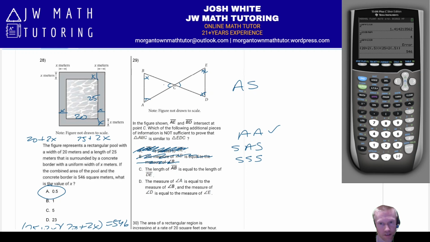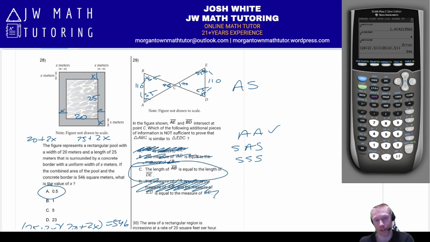Because say that C is like 70 degrees, right? That means you have 110 degrees left to split up between A and B, but also between D and E. If they're each congruent, well, this has to be 55, this has to be 55. Again, this would have to be 55, this would have to be 55. And now we have B and D, or A and E. We only need one pair. So this one does prove them to be similar, so the correct answer is letter C.